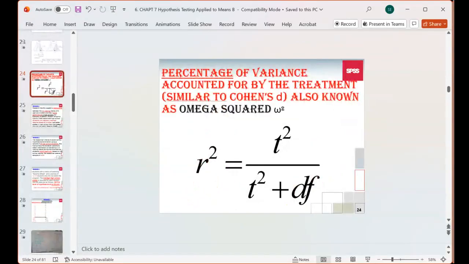R squared, once you calculate the t, you square it with df, that gives you the value of R squared, which is the percentage of variance accounted for by the treatment, similar to Cohen's d, also known as omega squared.